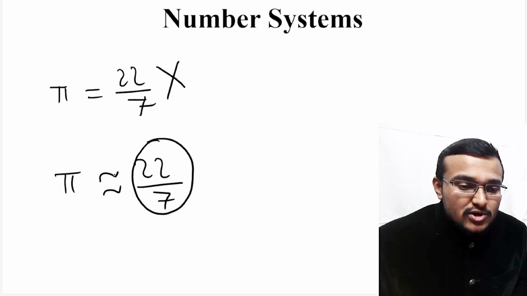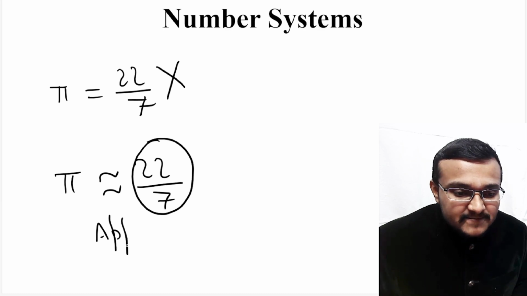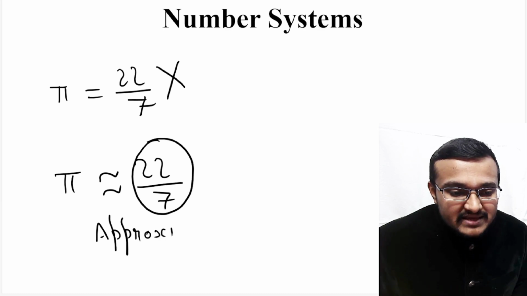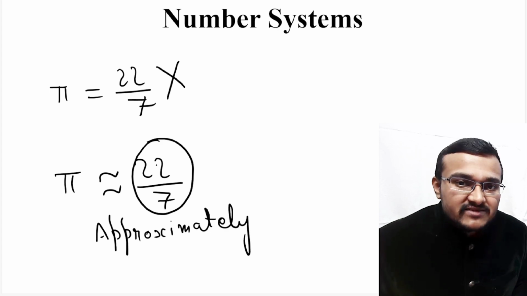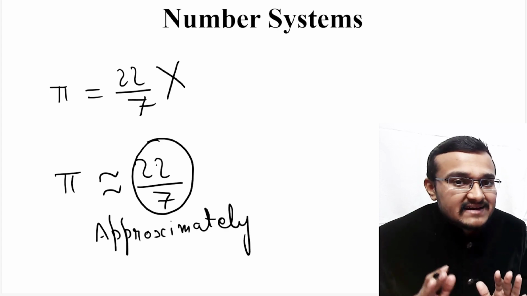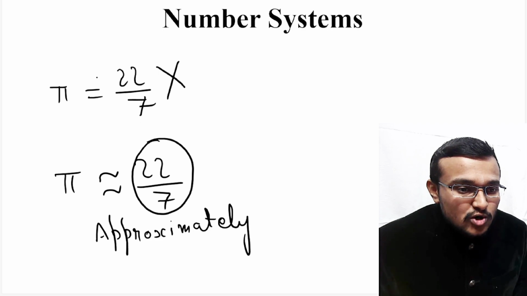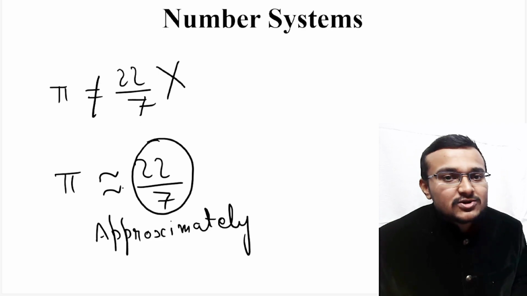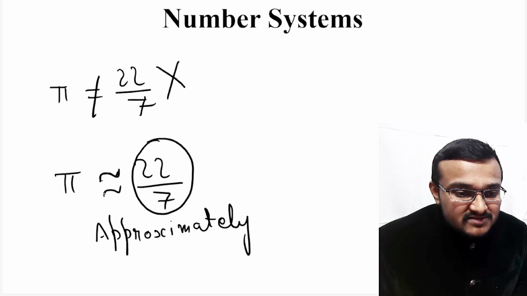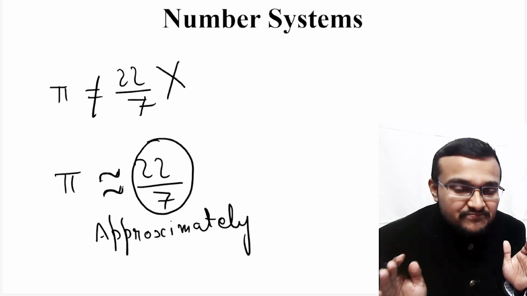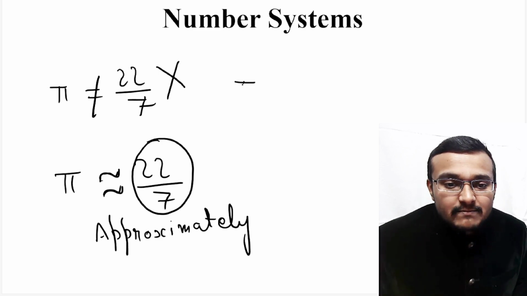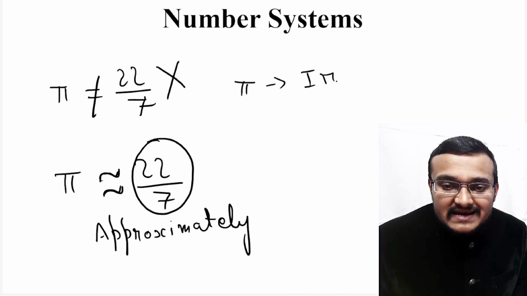So approximately we are considering pi as 22 by 7, but it is not the exact number. So always remember, pi is not equal to 22 by 7. Pi is approximately equal to 22 by 7. So that's why pi is an irrational number.